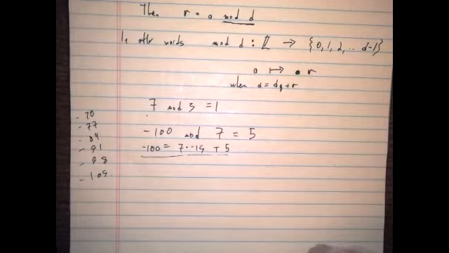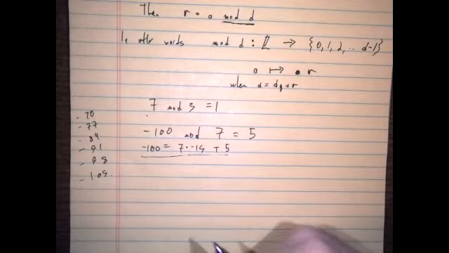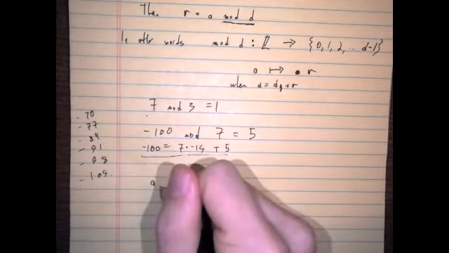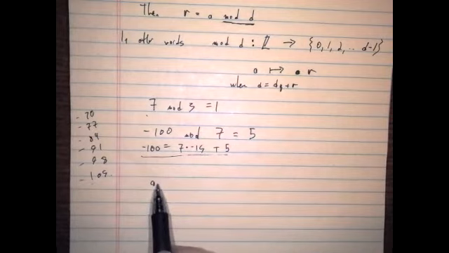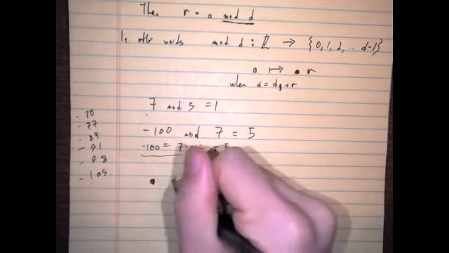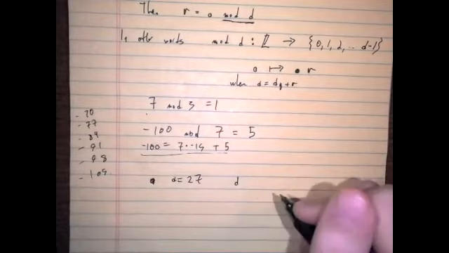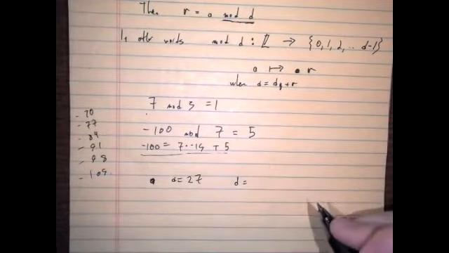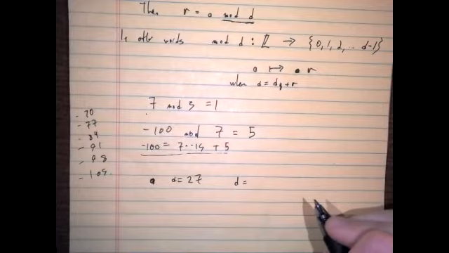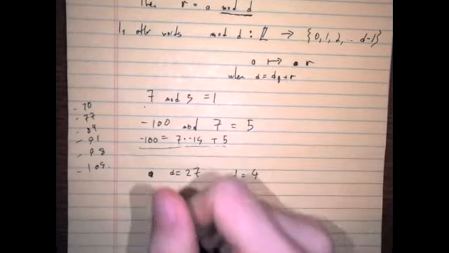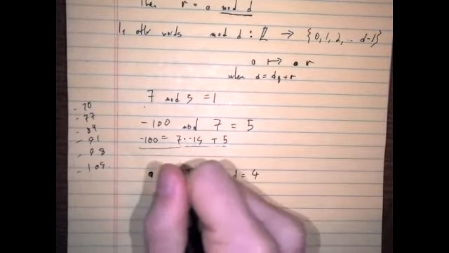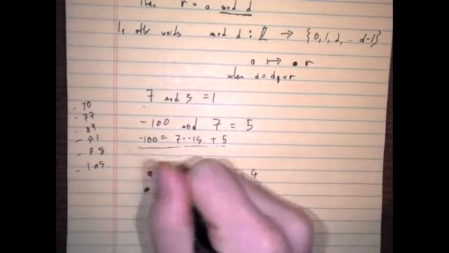Let's do one example where a is positive and another example where a is negative. A is what? 27. Okay, great. A is equal to 27. And then what should my divisor d be equal to? 4. Perfect.